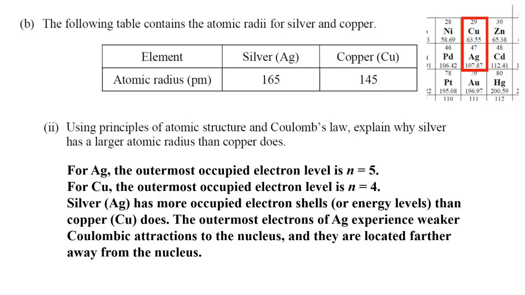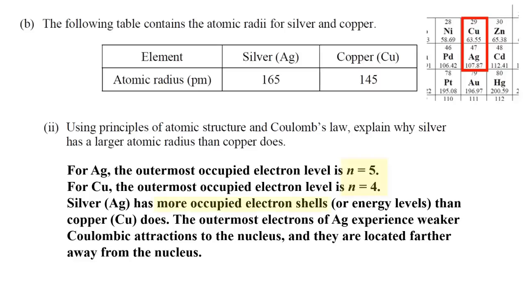So I was talking about why silver is larger. You could also talk about why copper is smaller, but I tried to match what the question was asking. So I explained why silver has a larger atomic radius than copper does. I mentioned specifically the energy levels, and notice that I didn't say silver has more electrons, and I didn't say silver has more electron shells.